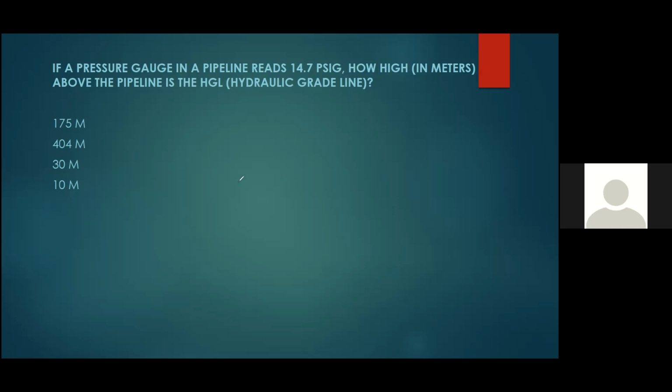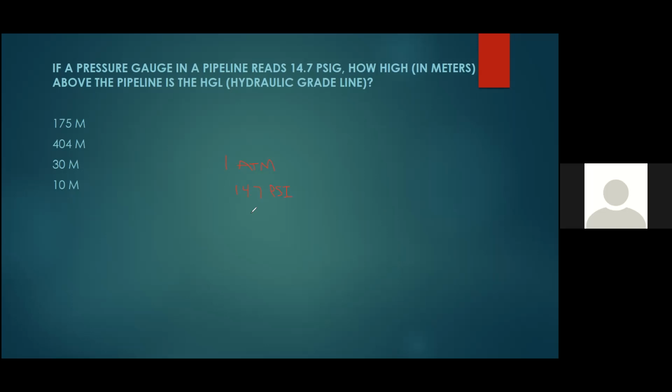Okay, so here's what we're going to do. We have one atmosphere, the atmospheric pressure pushing down on all of us right now. The magic number is 14.7 PSI, which is one atmosphere. 14.7 is pushing down on us all the time.